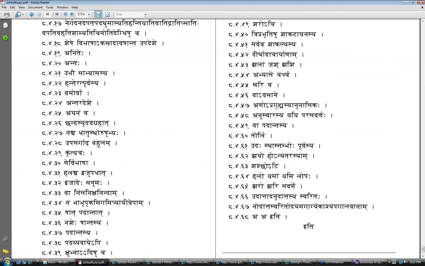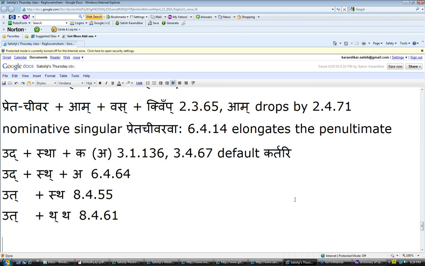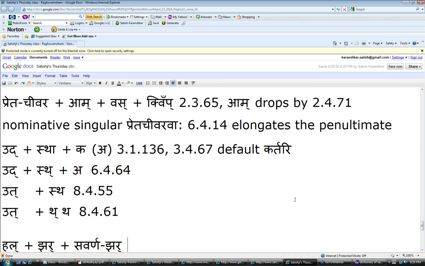Jharo jhari savarne comes in 8465. So what does this sutram say? The anuvrutti of hal is coming down. If you have this combination of hal plus jhar plus savarna jhar, then that middle jhar will drop optionally.